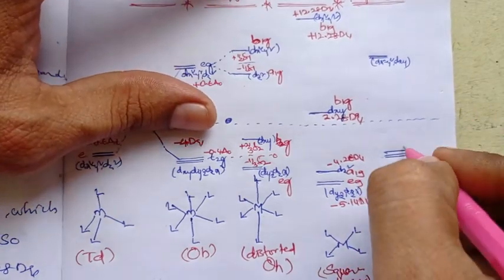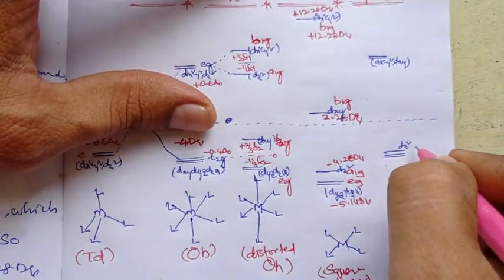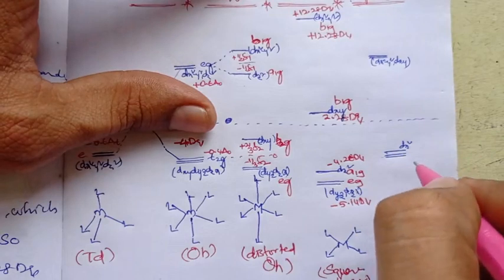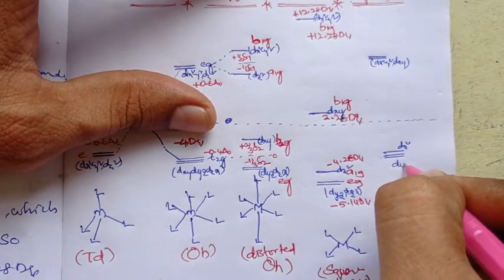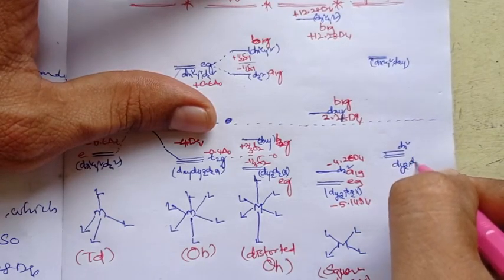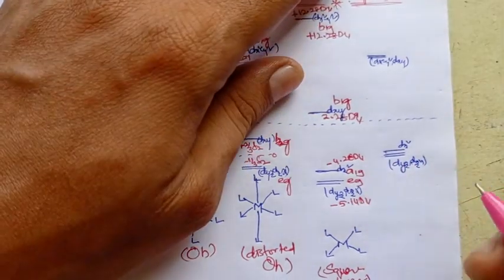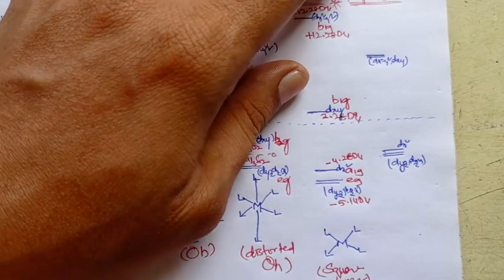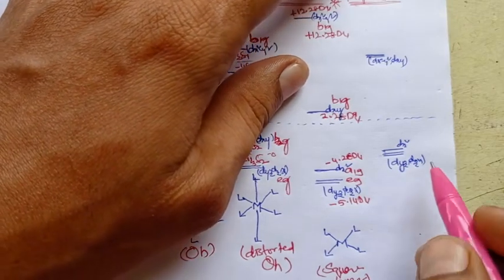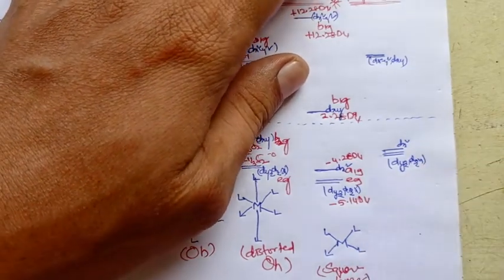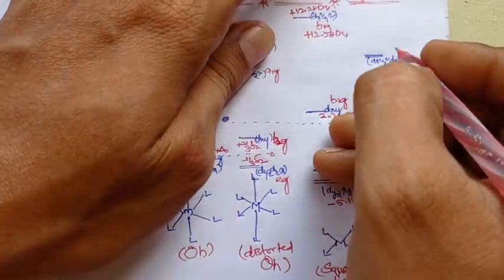The singly degenerate state has the dz square orbital, and the doubly degenerate state has dzx and dyz, right? That's how the orbitals and their energy states can be represented.